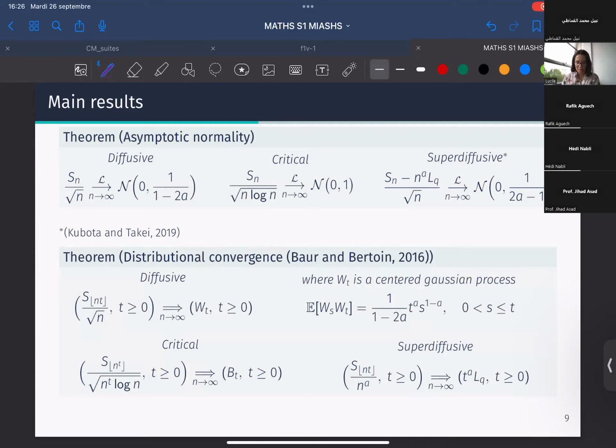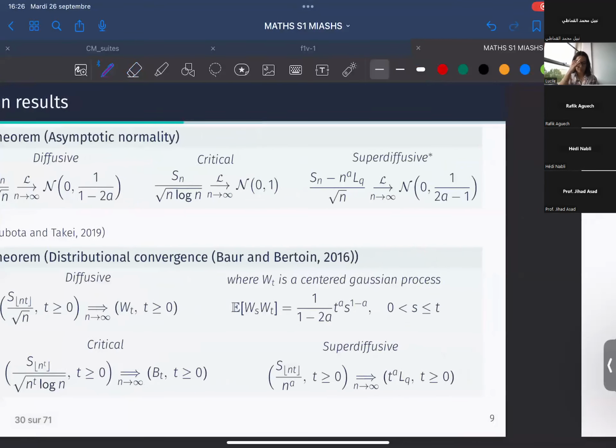In the superdiffusive regime, we only have t to the power a times L, and so this means that we actually don't know more about L, even with a convergence in that sense, because this is just the random variable times the time, and so this doesn't give you any information.